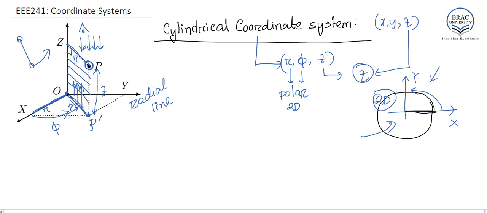This is perpendicular, of course. And also, you can say r to be the distance of the projection of P from origin, or the distance of P from the z-axis. Why? Because there is sort of like a DC shift over here, so there is just a separation equals to z over here, right?